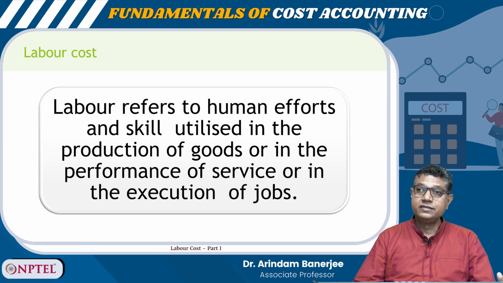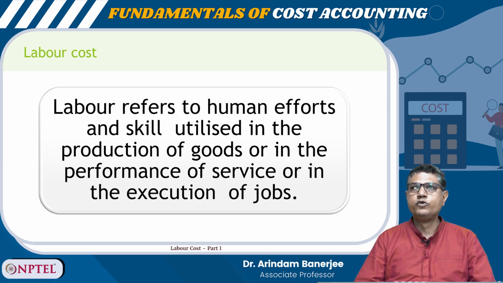And it is an important component of total cost, and the skill utilized in the production of goods, right, and the labor performance is very important in this case. So, what is the definition of labor?